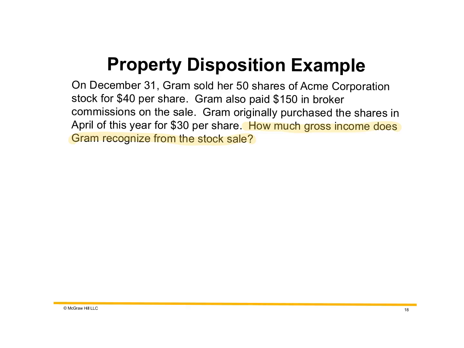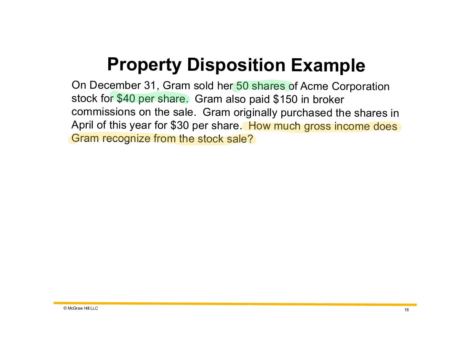So let's calculate a couple of sub numbers that we'll need real quick in order to complete the calculation. So for the sale, Graham sold 50 shares at $40 per share.